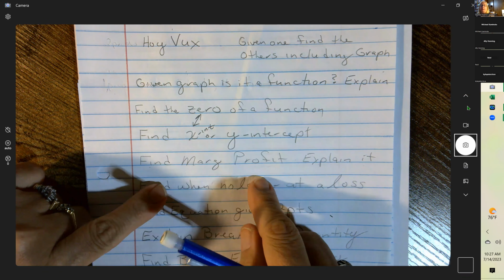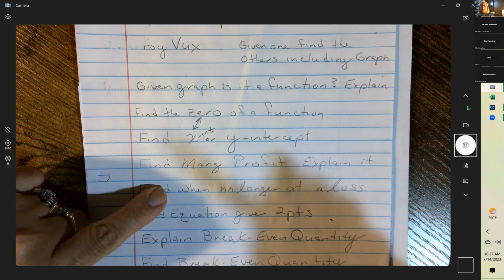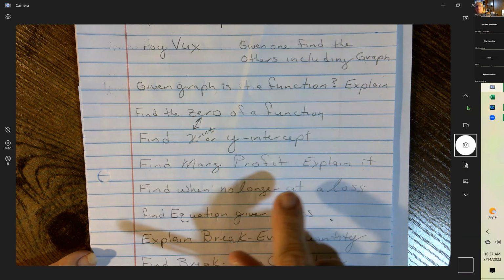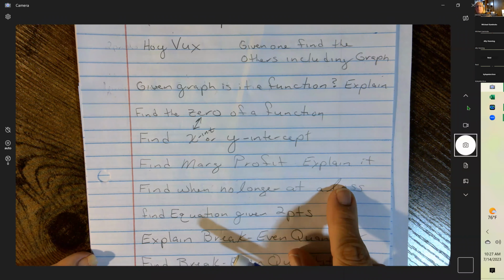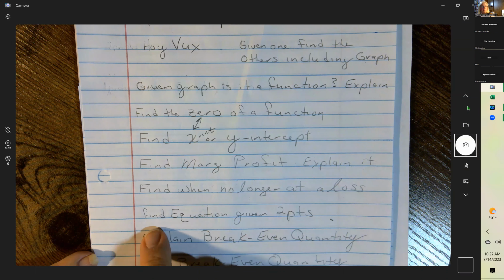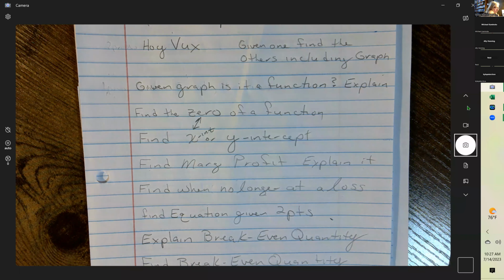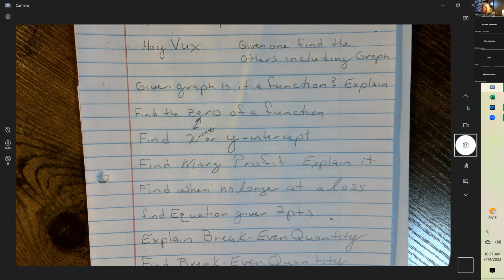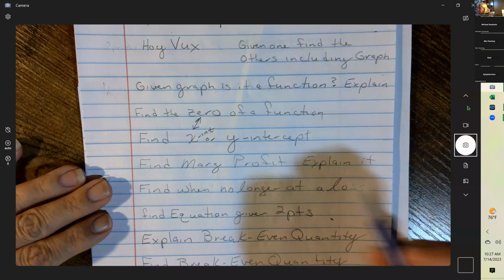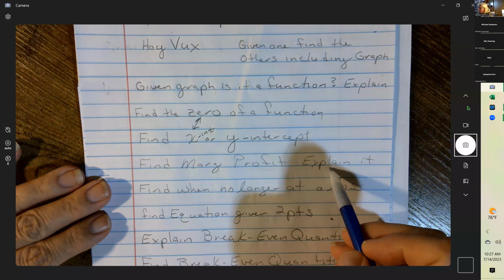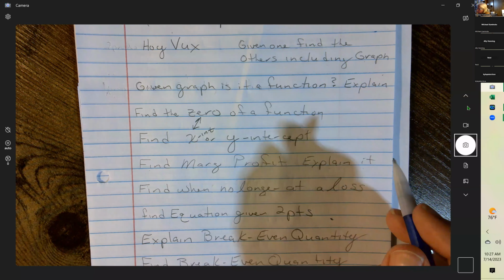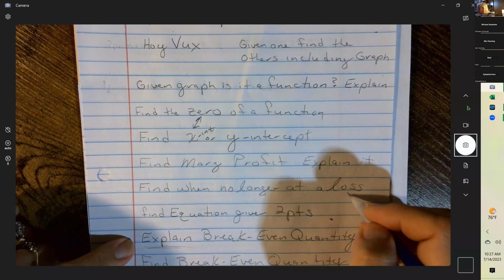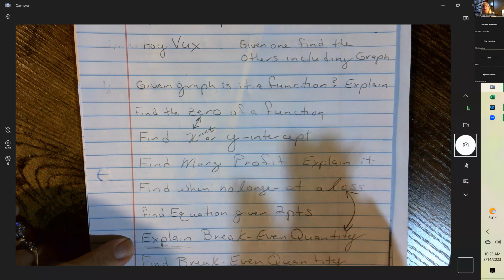Find marginal profit and explain what it means. Find when you are no longer at a loss. I ask you to explain. No, I asked marginal profit. Find marginal profit and explain it. Break-even quantity. Oh, here it is. Explain break-even quantity. No longer at a loss and break-even quantity are the same thing.